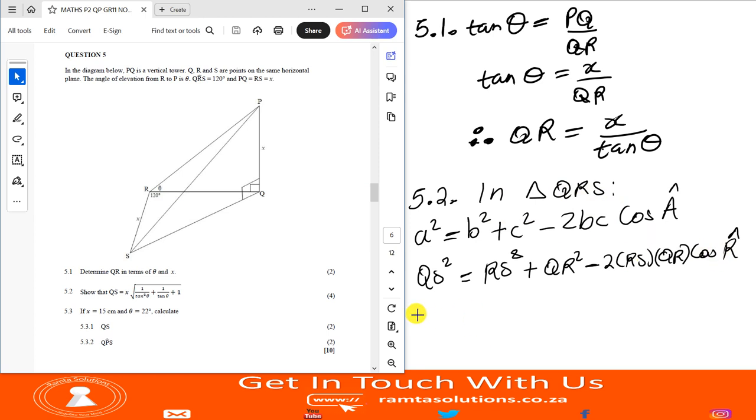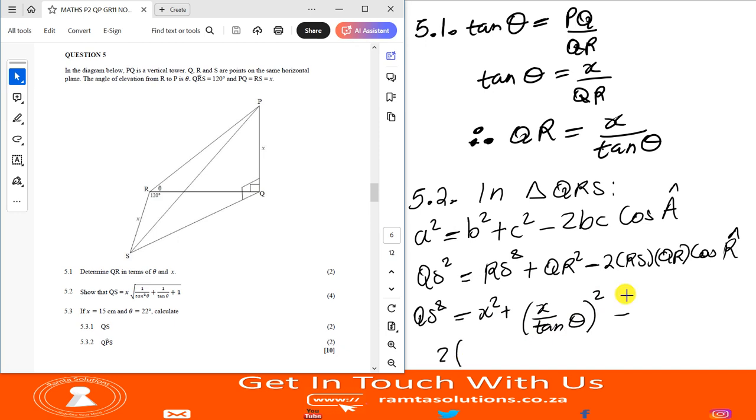So what is QS? We do not know as yet. What is RS? RS is X squared. What is QR? QR is X over tan theta, squared, minus 2 into, what is RS?